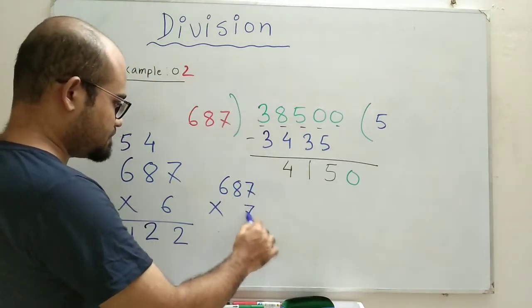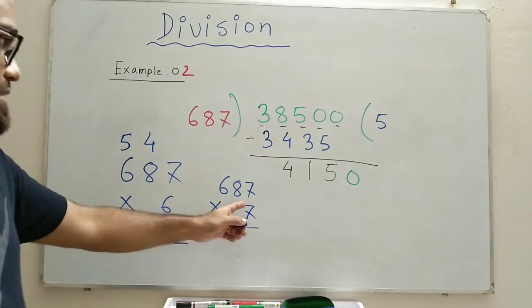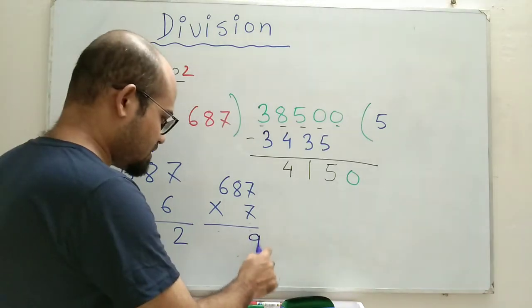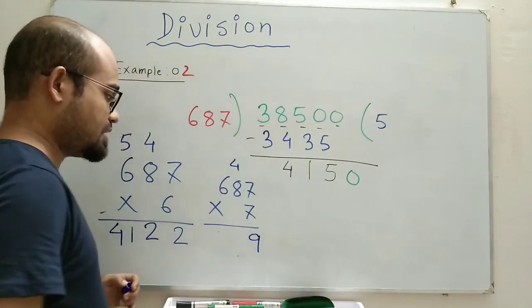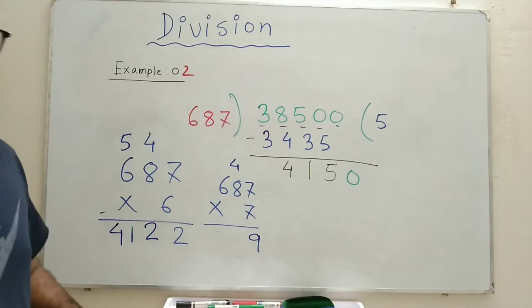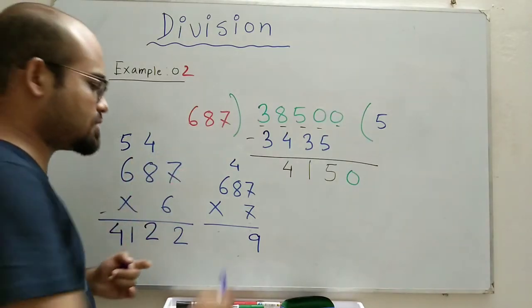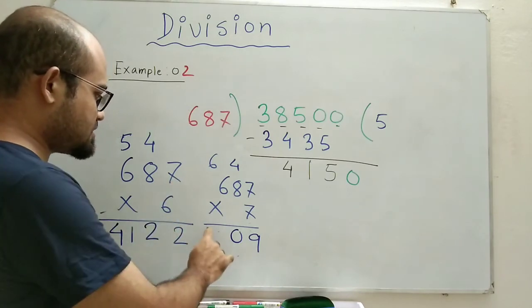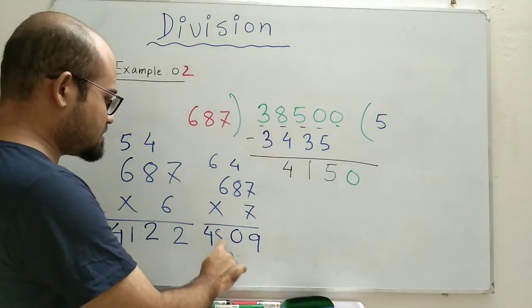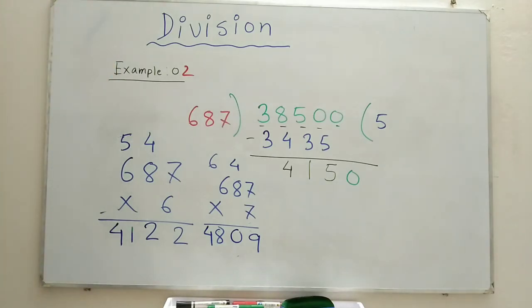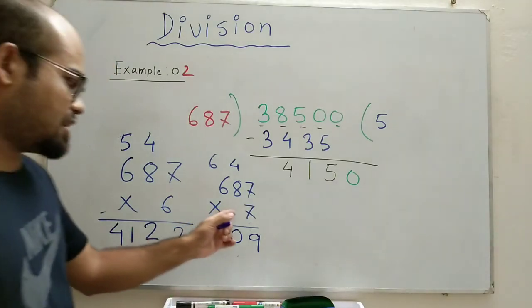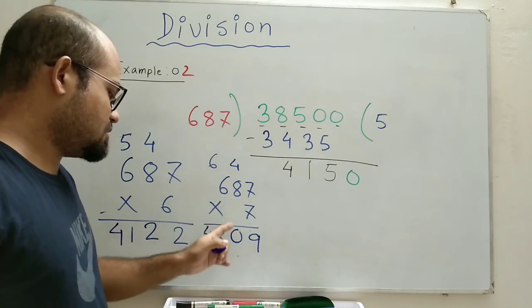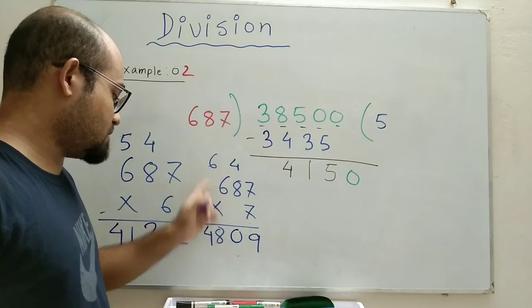do one more step. Times 7. 7 7s are 49, 9 carry 4. 8 7s are 56. 56 plus 4 gives me 60. 0 carry 6. 6 7s are 42. 42 plus 6 gives me 48.